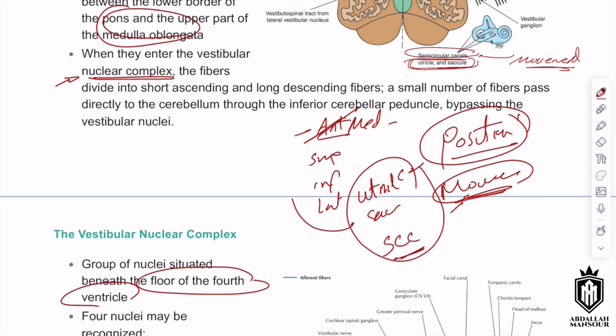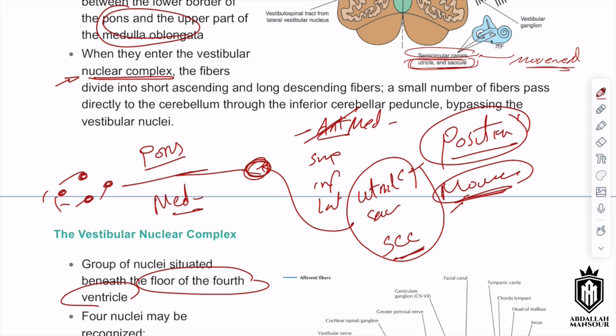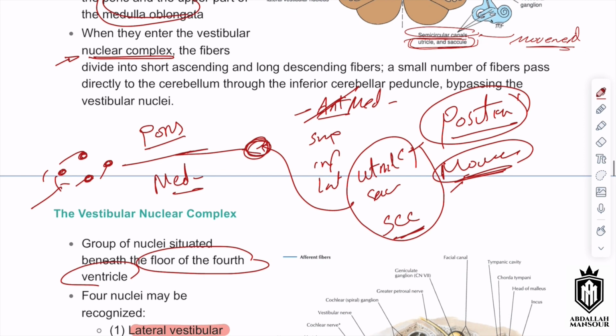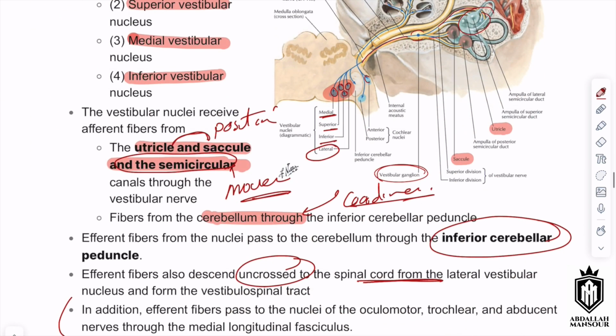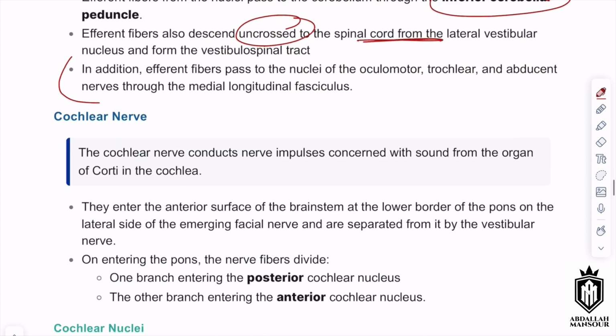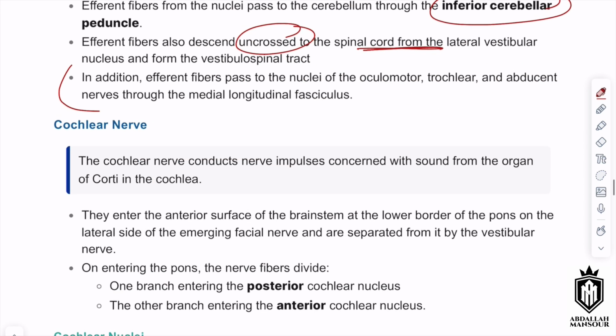The afferents will go to the vestibular nuclei, entering the brainstem in a groove between the pons and the medulla. The nuclei are superior, inferior, medial, and lateral, and you will take it from there and go to the cerebellar peduncle, and that will be responsible for your movement and your position.